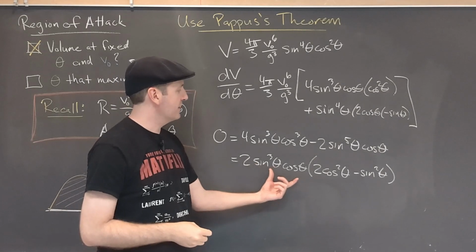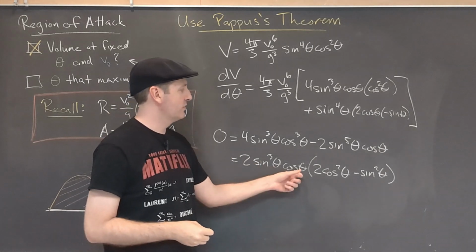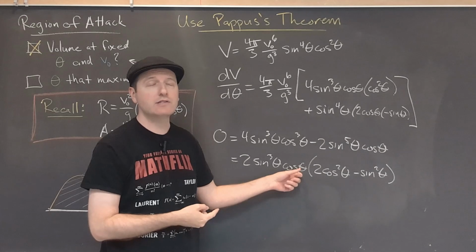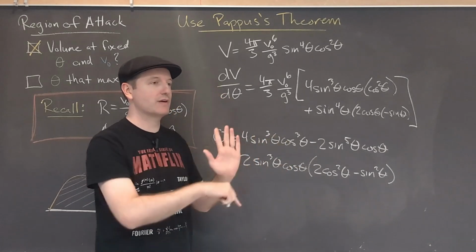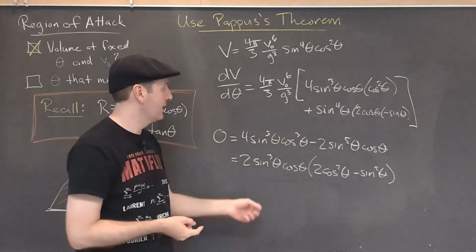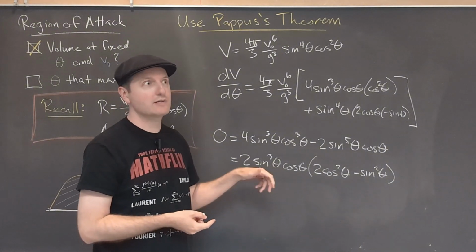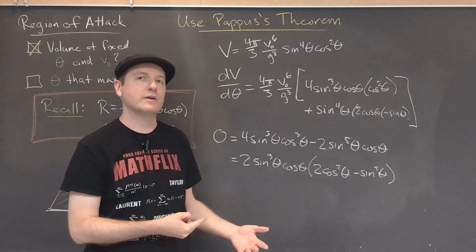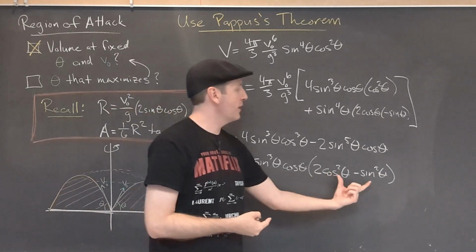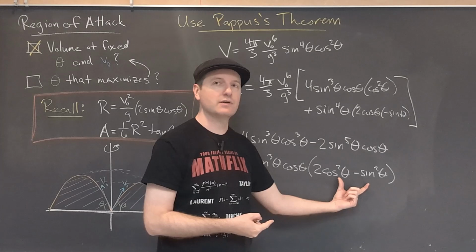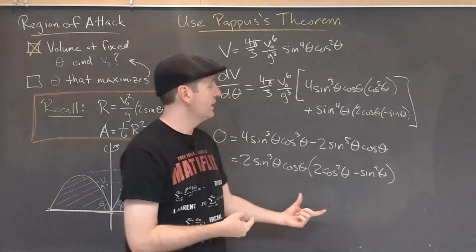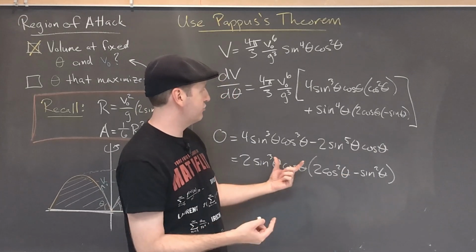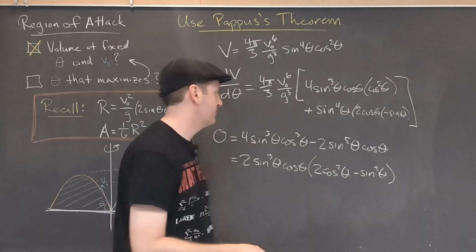Notice that the bit out front will only be 0 if theta equals, say, 90 degrees. Well, that makes sense. Firing it straight up gives you 0 volume. That's a minimum. If theta equals 0 degrees, that also makes sense. Firing directly horizontally gives you also 0 volume, so also a minimum. Or when this quantity in parentheses is equal to 0, and that's the non-trivial answer. Let's go ahead and set that equal to 0.